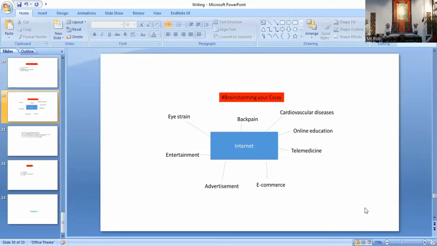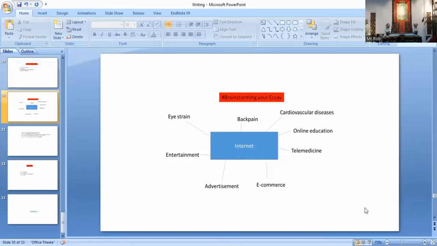In speaking Part 2, you have 1 minute to brainstorm your ideas before you are allowed to talk about it. So what is exactly the meaning of brainstorming? Brainstorming is a method to generate ideas.